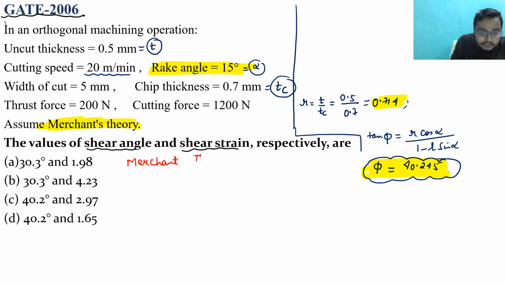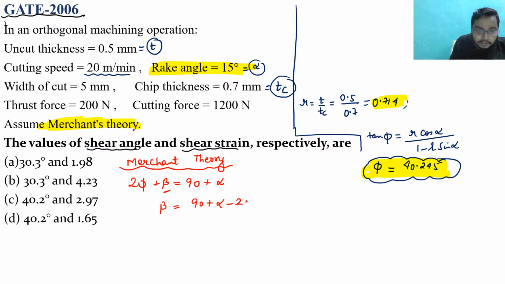From Merchant theory we know that 2 phi plus beta is going to be equal to 90 plus alpha. Clear? Now you have to calculate beta. Beta is equal to 90 plus alpha minus 2 phi.